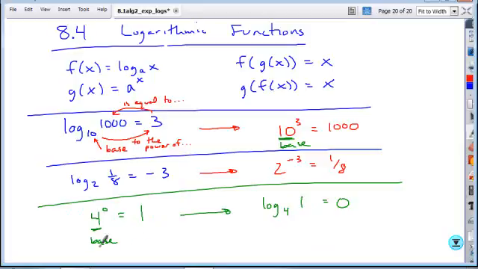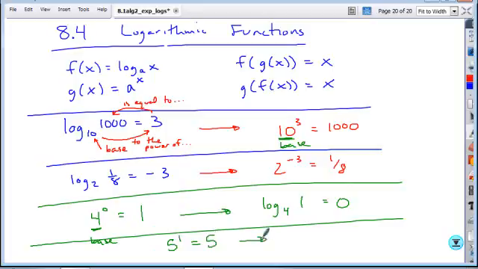Okay, let's do one more example of converting back in this direction. If you take the following, what is 5 to the first equal to? 5. See if you can write that in logarithmic form, please.